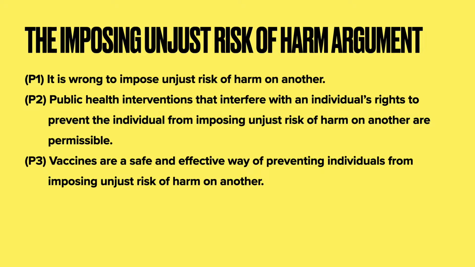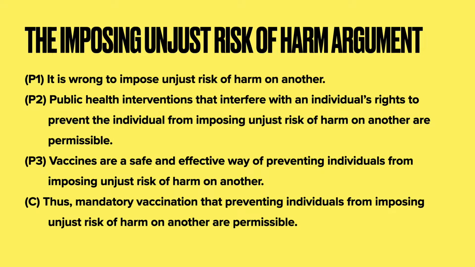Premise three, vaccine mandates are a safe and effective way of preventing individuals from imposing unjust risk of harm to another. So the conclusion here, thus a mandatory vaccination that prevents individuals from imposing an unjust risk of harm to another are permissible.